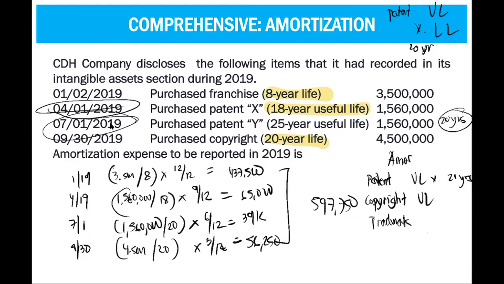Okay, so in a trademark, take note, you have a legal life of 10 years. However, it is renewable. So if the useful life is given, use the useful life again. And then for a franchise, take note if ever it is indefinite, you will test it only for impairment. So no amortization if ever it is indefinite.